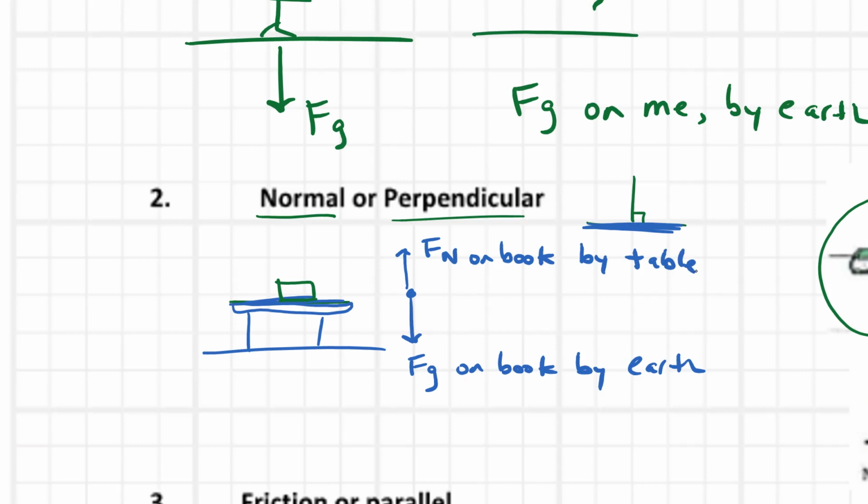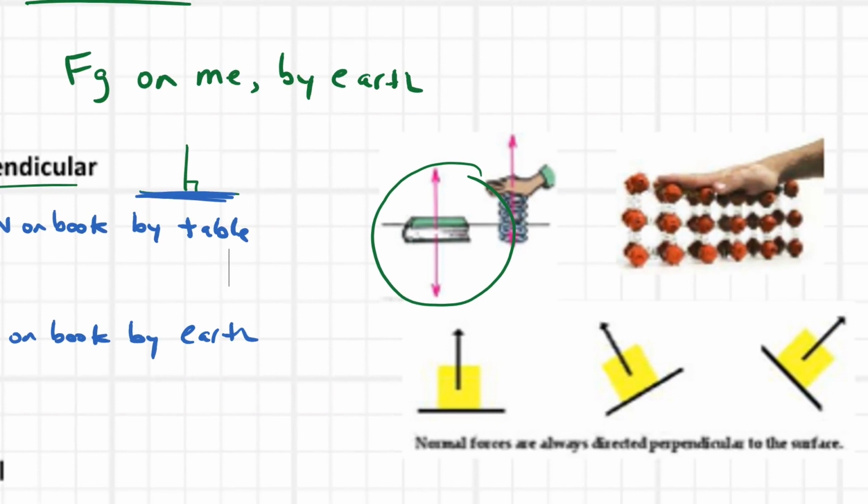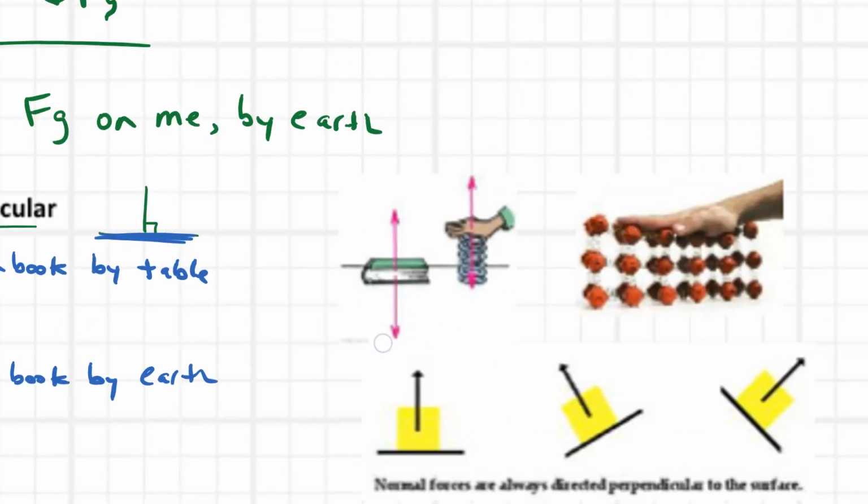It might be hard for us to accept the idea that the table is pushing back up on it. So here's a picture just to kind of show it as well. If we had a spring and we pushed down on it, we could see that the spring was compressed, so it's easy to see in this case that this spring would be pushing upwards.